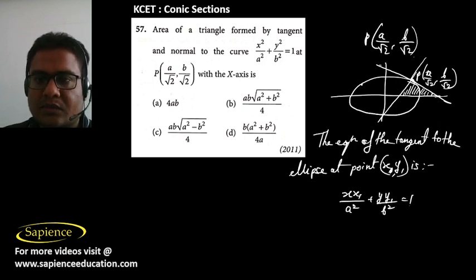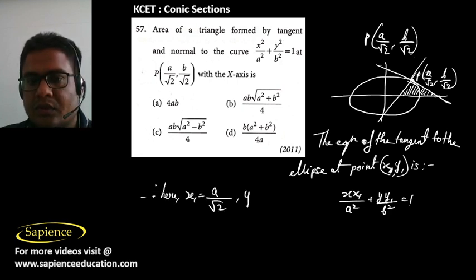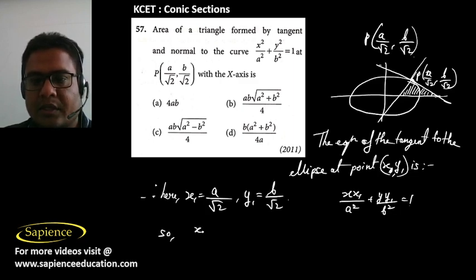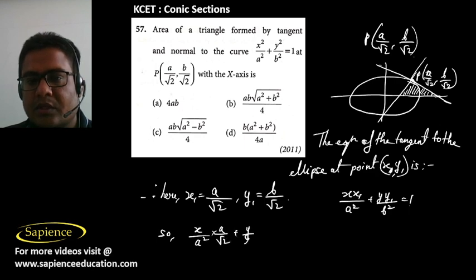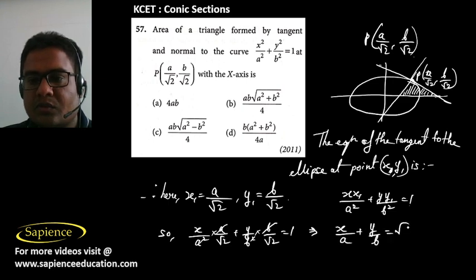So here x1 is a by root 2 and y1 is b by root 2. So it will be x by a square into a by root 2 plus y by b square into b by root 2 equal to 1. So b and b will cancel, a and a will cancel. So that will be x by a plus y by b equal to root 2.